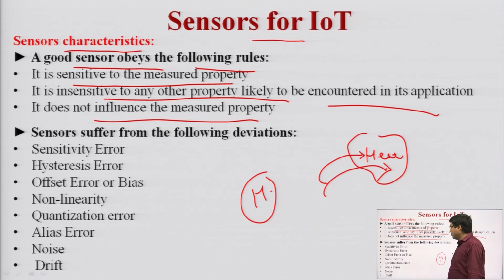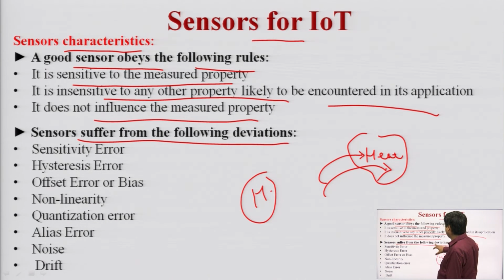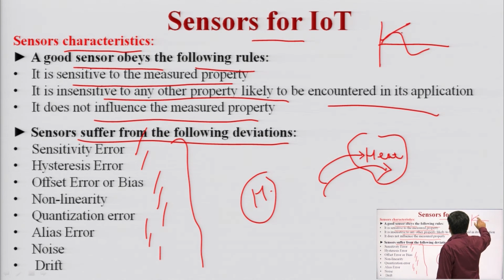So, these are the various characteristics of sensors. Sensors suffer from the following deviations: sensitivity error, hysteresis error, offset error, non-linearity error, quantization error, alias error, noise, and drift. Sensitivity error means it should be sensitive to the devices; if it is not sensitive, then there may be sensitivity issues.